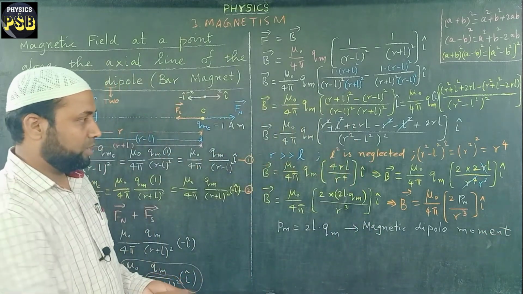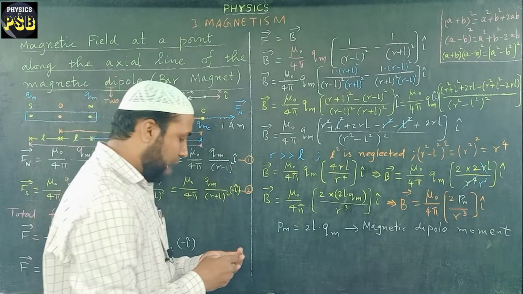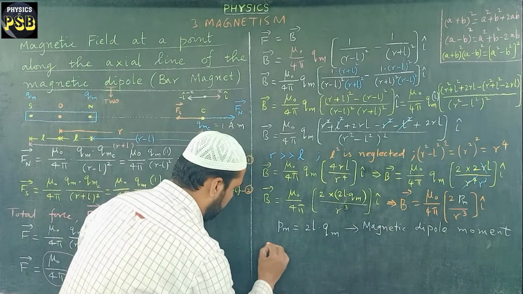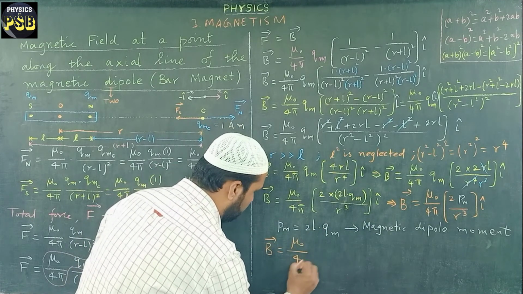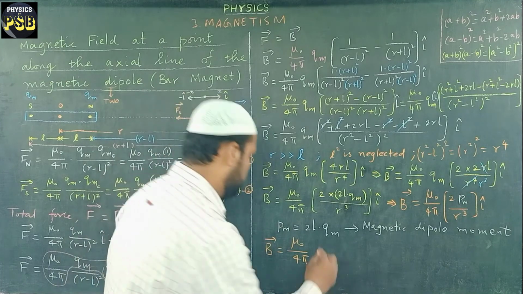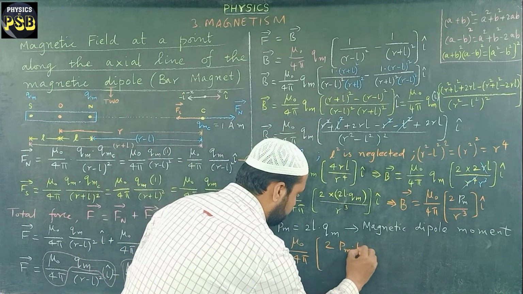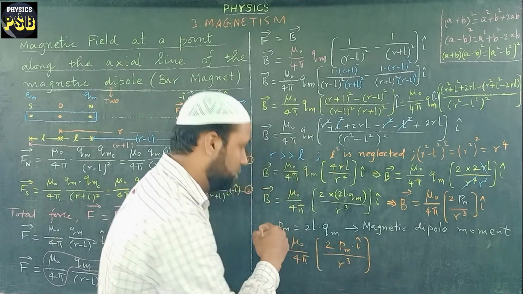Fine. Then this can be written in this manner. This equation: B vector is equal to mu naught upon 4 pi, 2 PM multiplied with i cap, over r cube.